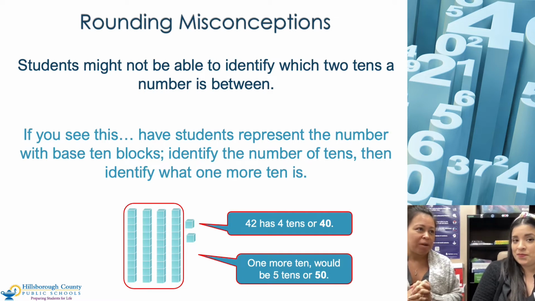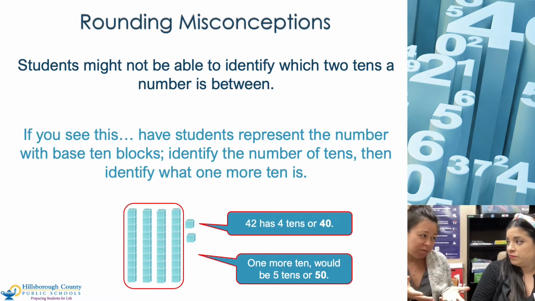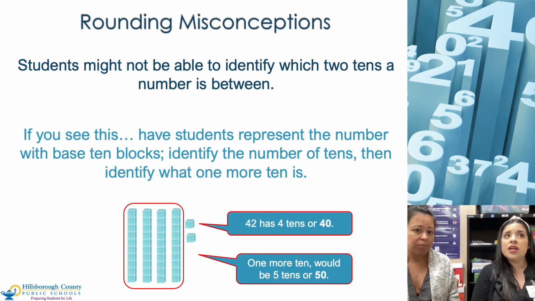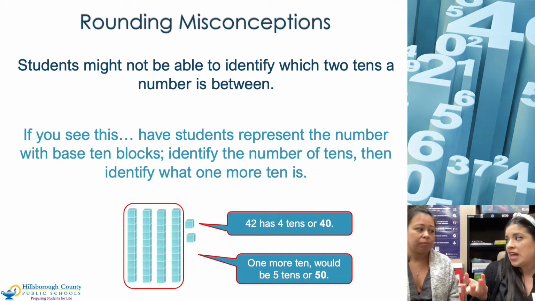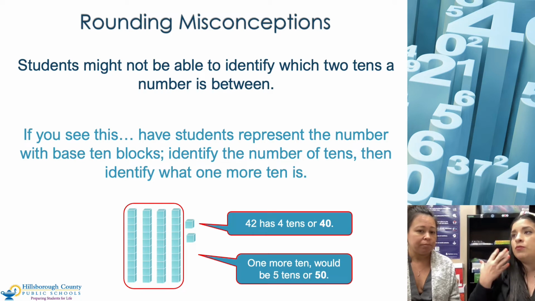Yeah. What do I do if my kids are not able to identify the 2 10s in between, like 42, if they didn't know that it was in between 40 and 50? Yeah, so a lot of times we might jump to saying, well, what's the 10 that's before and the 10 that's after? And that can be confusing for them because they don't maybe recognize it on a number line as easily as we do in our minds.